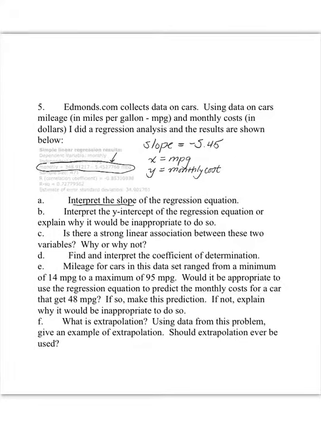The definition of slope is change in y, so that's change in monthly cost, over change in x, which is change in miles per gallon. And so we have a slope of negative 5.45, and it helps to interpret it if you put a 1 in the denominator. So to interpret the slope, it means to write a sentence that tells what this number represents.